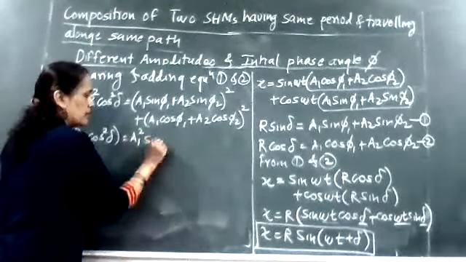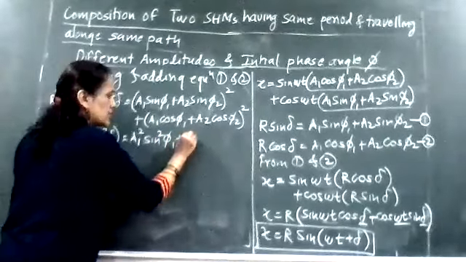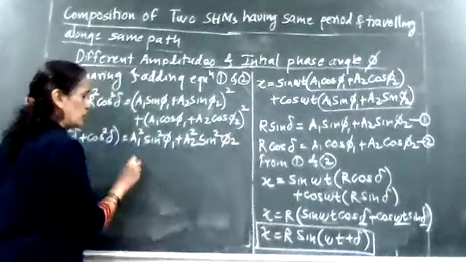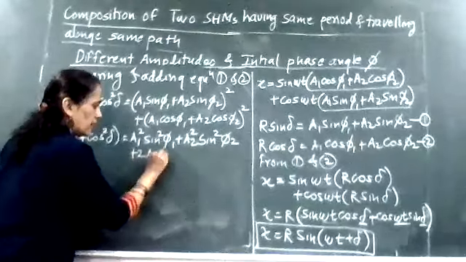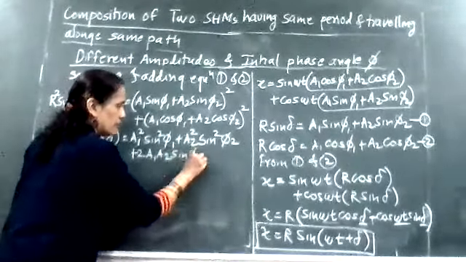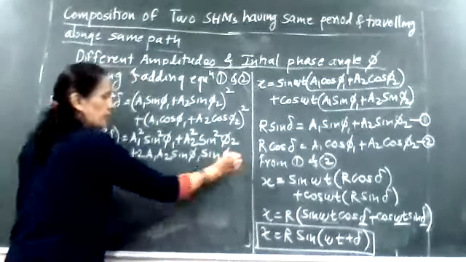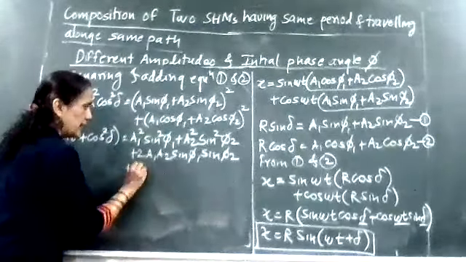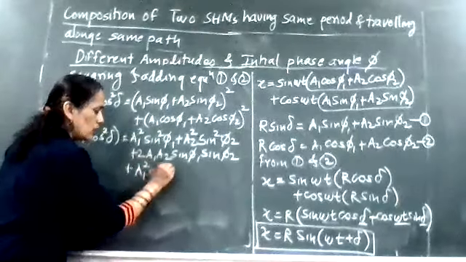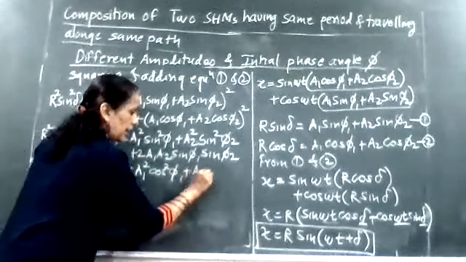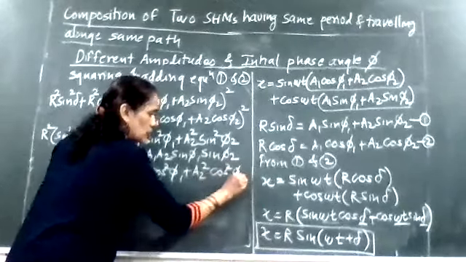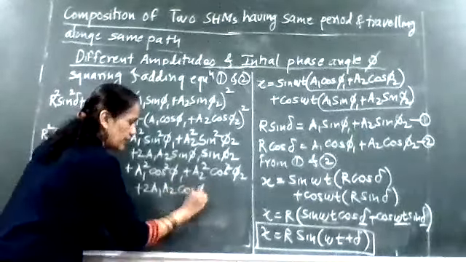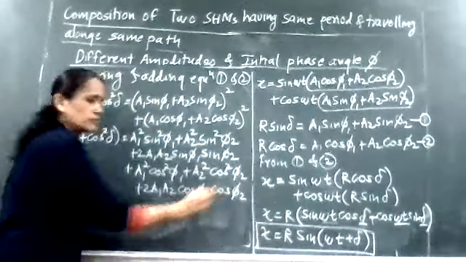A1 square sin square phi 1 plus A2 square sin square phi 2 plus 2 A1 A2 sin phi 1 sin phi 2. This is the expansion of the first square term. Plus the second term. Second term is what? A1 square cos square phi 1 plus A2 square cos square phi 2 plus 2 A1 A2 cos phi 1 cos phi 2.